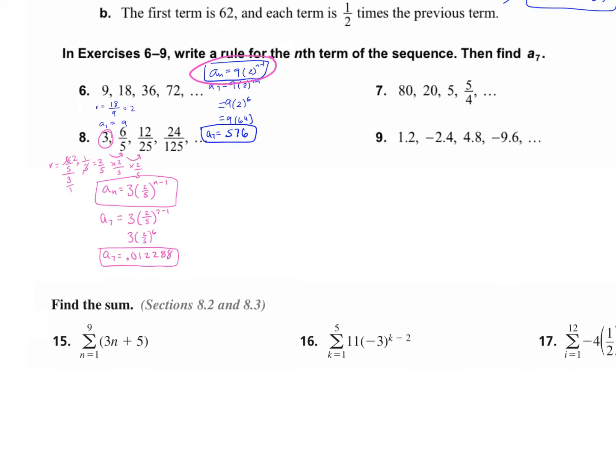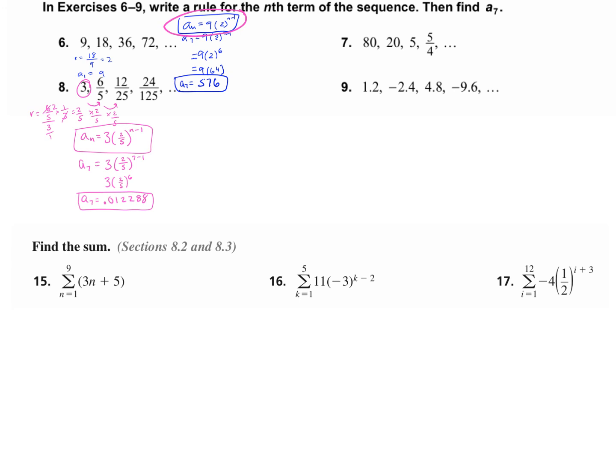So out of 15, 16, and 17, which ones have an exponent? 16 and 17. So these two are geometric.